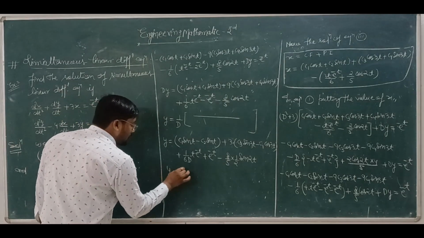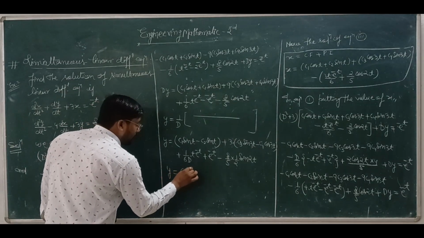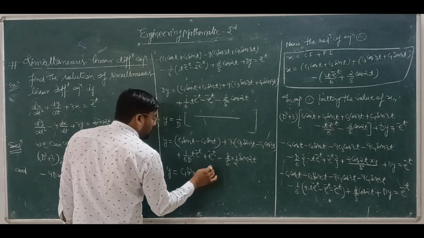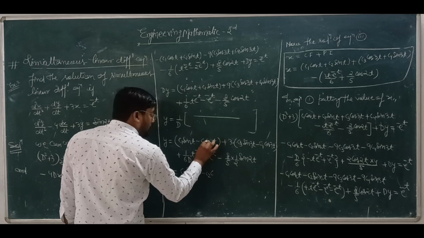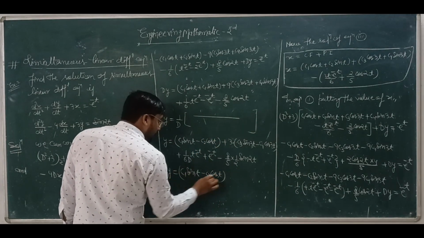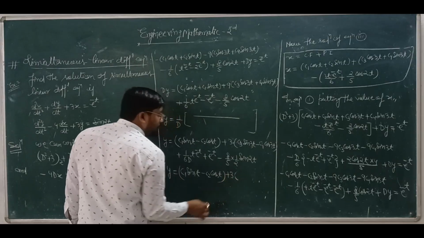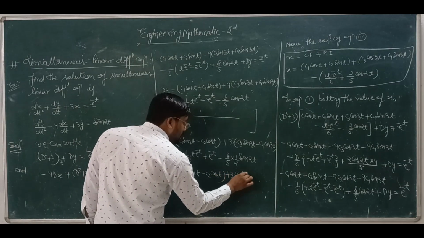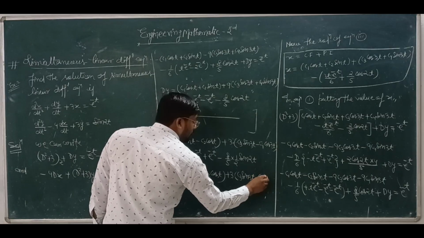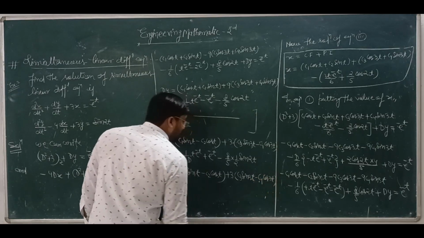y is equal to c1 sin t minus c2 cos t plus c3 sin 3t minus c4 cos 3t.